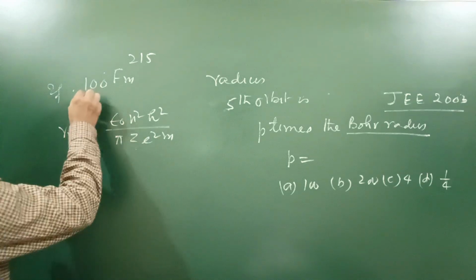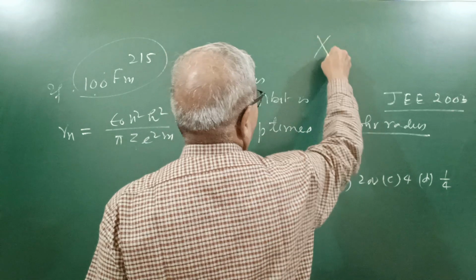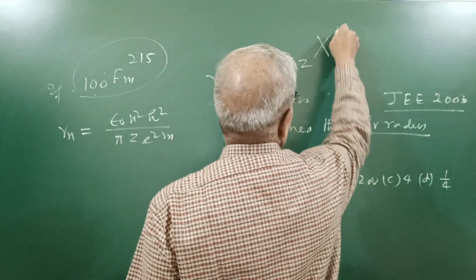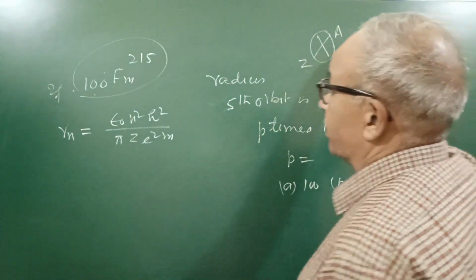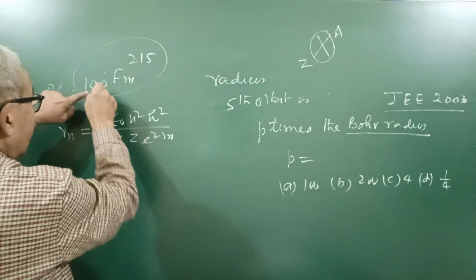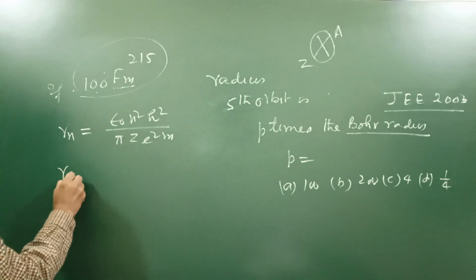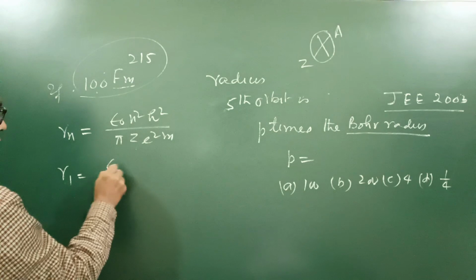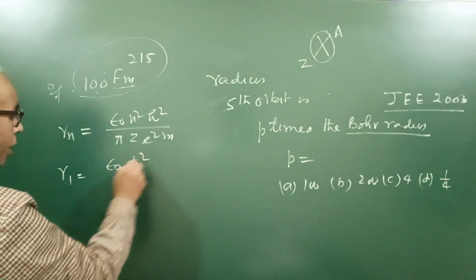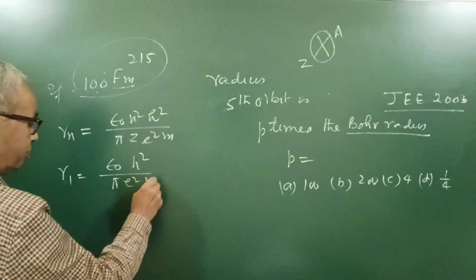Z is a number. Now what is this 100? I will be telling you if I write ZXA, X the name of element, Z atom number, A mass number. So 100 is the Z here for this atom. For Bohr orbit R0, यानी कि R1 कह लीजिए इसको, epsilon 0 into 1 h square upon pi 1 e square m.